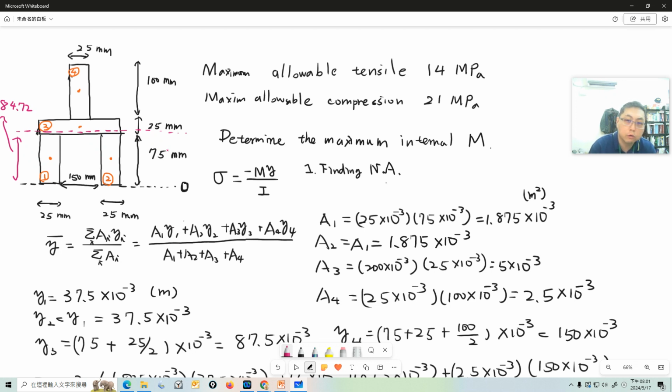Our neutral axis is 84.72, so it's a little below the centroid of area 3. It's very close to here, but the picture is too small. I'm sorry. I'll draw a big picture in the next video.